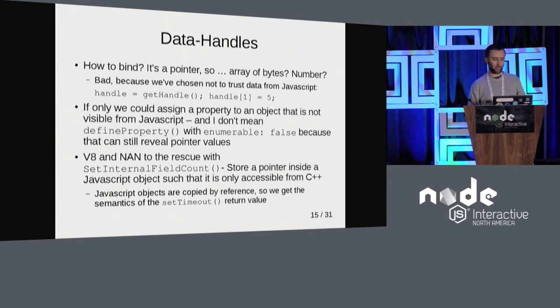So fortunately, V8 and a lot of other JavaScript engines provide you with a way of attaching data to an object instance which is not visible from JavaScript at all. And the way you do that in V8 is you declare a new type of object, like a constructor, and then you can use this C++ only mechanism of reserving a location inside each object instance for setting like a void star.